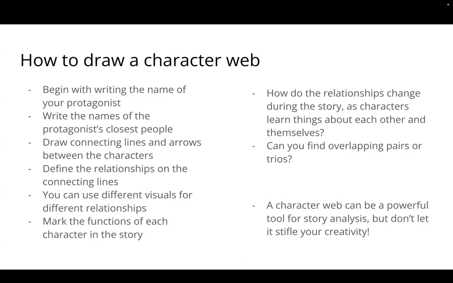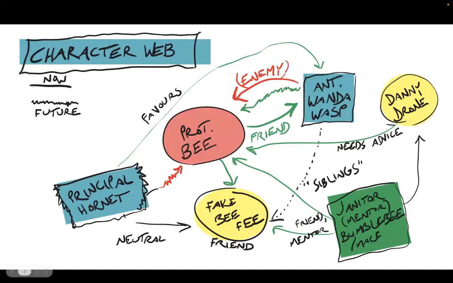And you can use different visuals for each of these connecting lines, and also mark the functions of each character in the story. So basically who's a friend and who's an enemy, who's an antagonist, and is somebody a mentor, and so on.